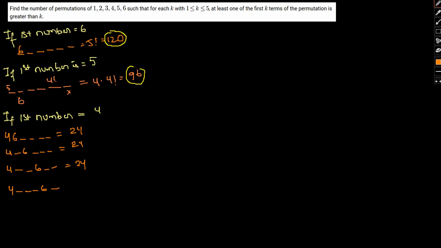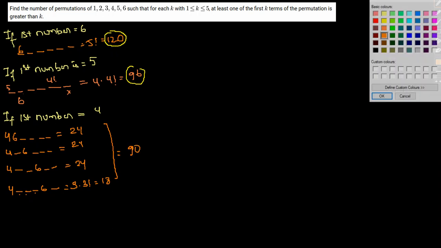Here 5 must go between 4 and 6, so 5 has 3 options and the rest can be filled in 3 factorial ways. So we have 18 ways. If we add all this up, we have 90.